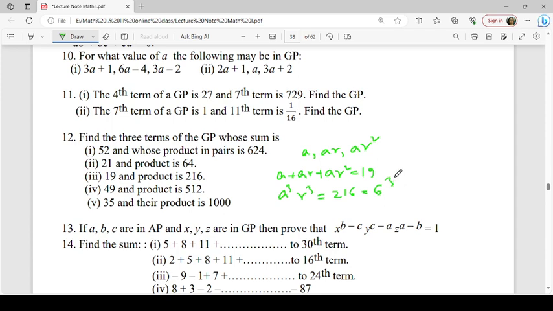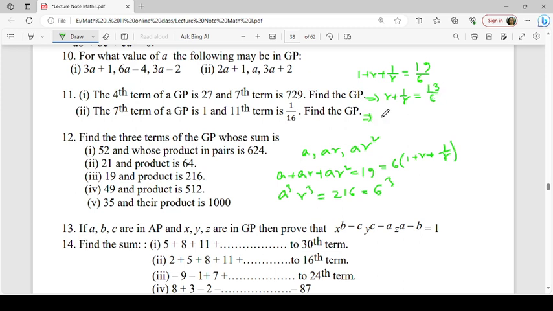So A is 6, so this will be 6 into 1 plus R plus 1 by R. So 1 plus R plus 1 by R is 19 by 6. Then R plus 1 by R, you subtract 1, is 13 by 6.